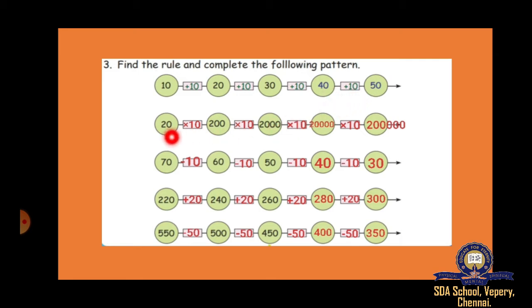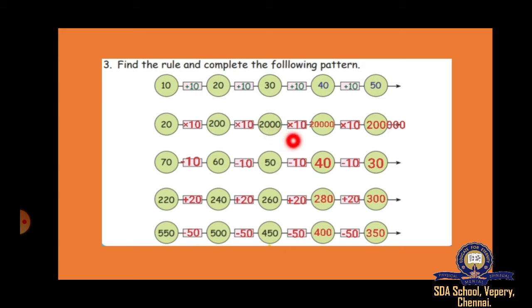Okay, the same way see here 20, 200, 2000. After this you have to write the numbers. So here 20 is there. If I multiply 20 with 10, 200 will come. If I multiply 200 with 10 again, 2000 will come.